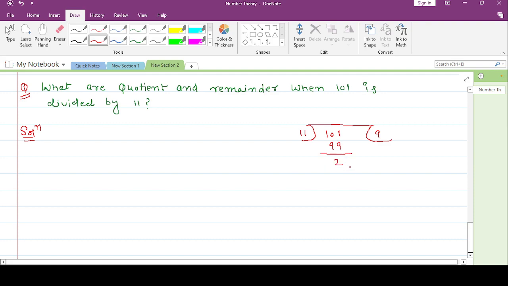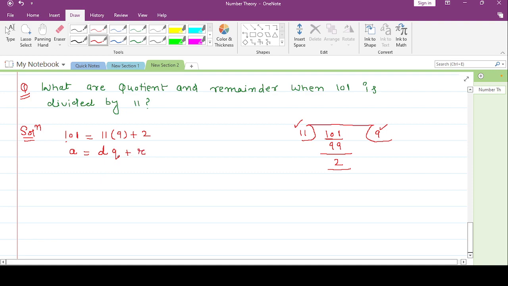The remainder here is 2. Now you were told that dividend equals divisor, which is 11, into quotient, which is 9, plus remainder, which is 2. If you write this in the division algorithm form, it becomes a, d, q and r.